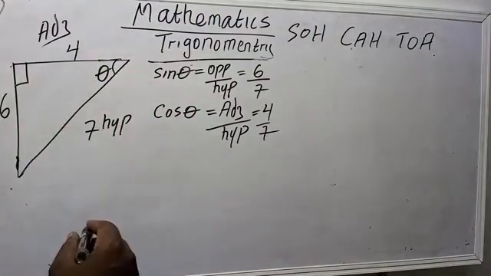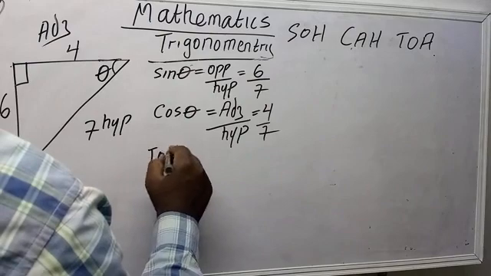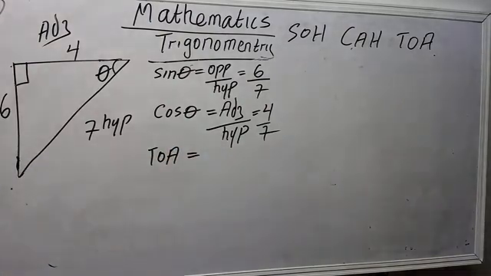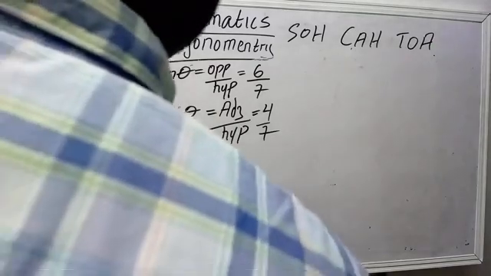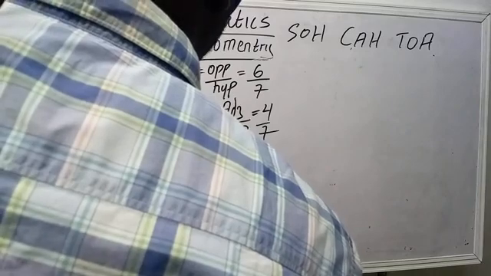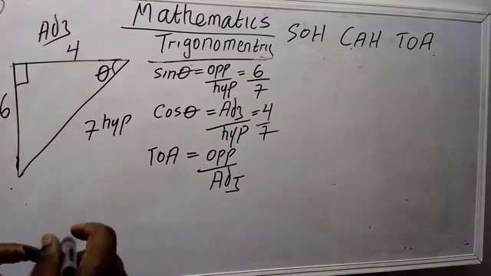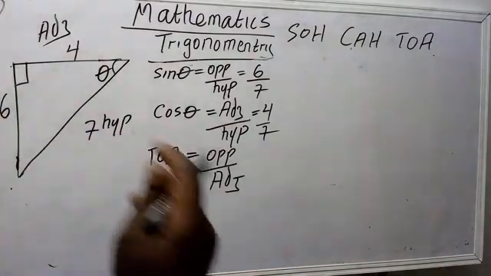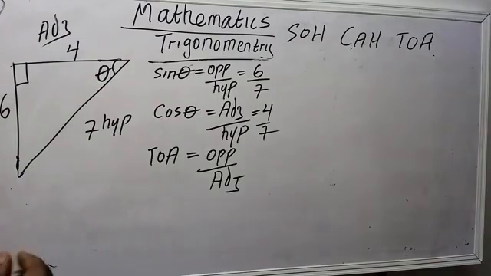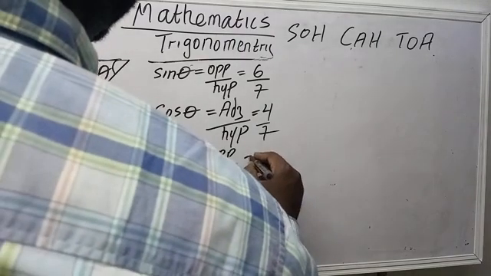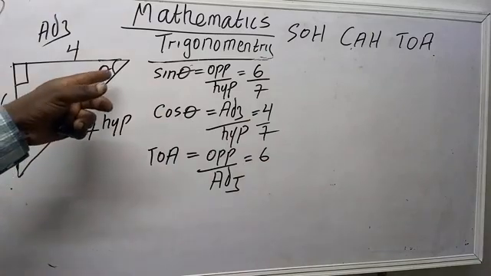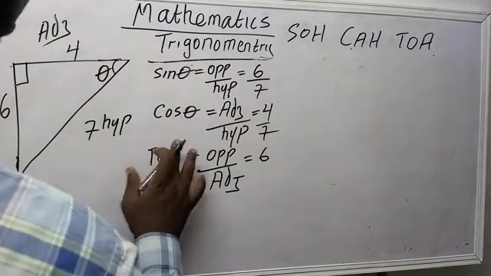We also have tan theta, which means opposite over adjacent. Opposite over what? Adjacent. Your opposite is what? 6. You can see this angle theta is facing here.